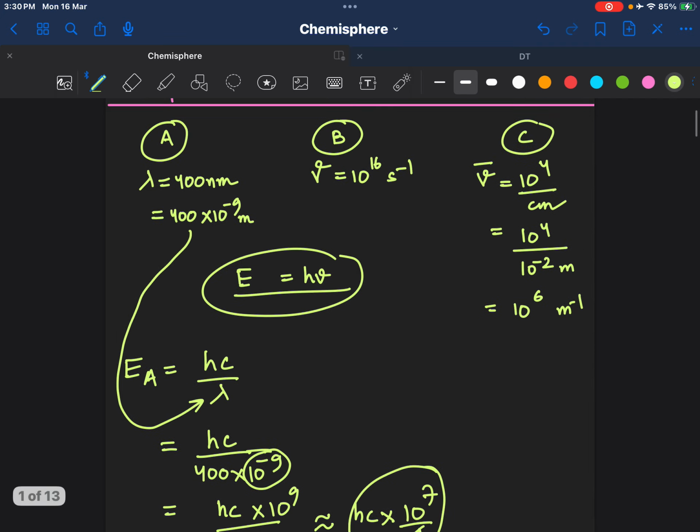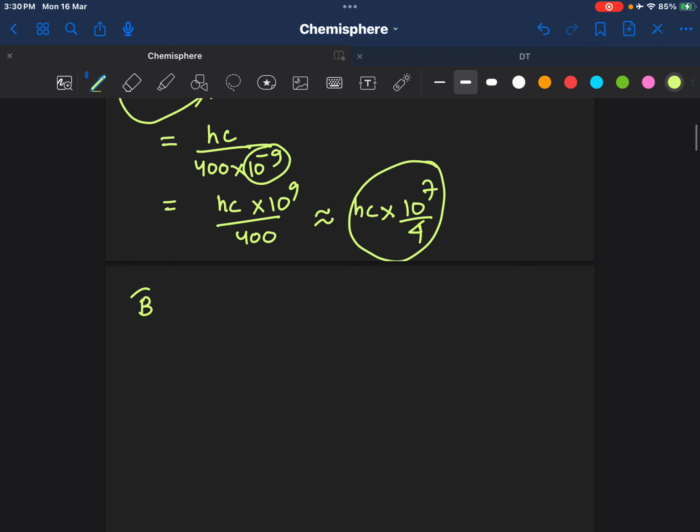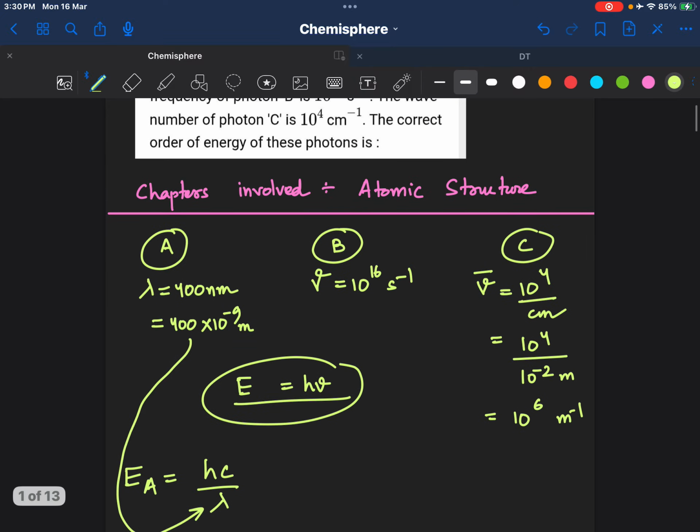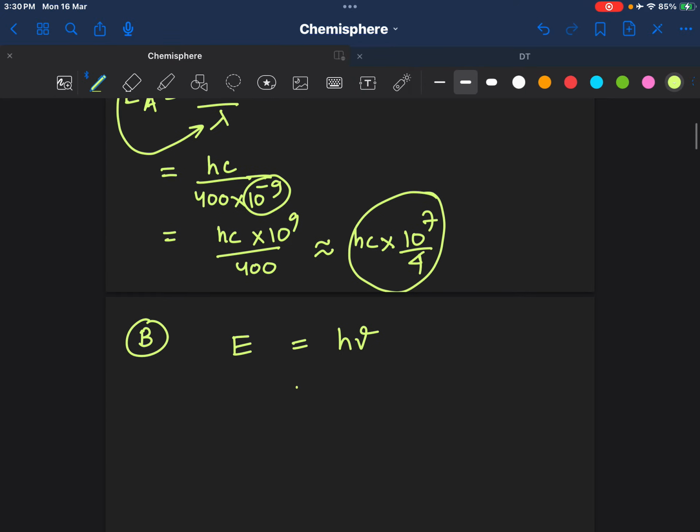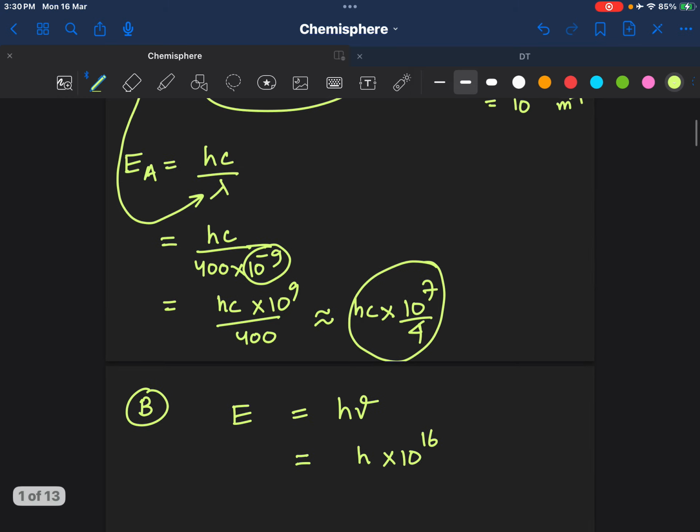For B, energy is equal to h nu, and nu is given as 10 power 16, so I can write it as h into 10 to the power 16. Now in A, I have a term called c, so I cannot compare it directly.